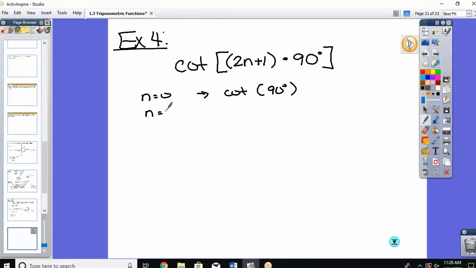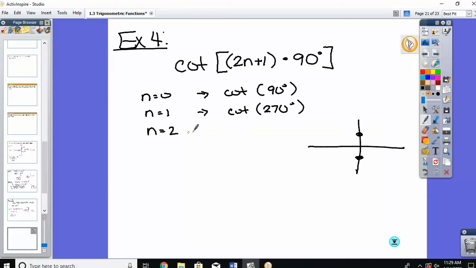If n equals 1, you get 2 plus 1, so 3 times 90 is 270. Okay, so right now I'm thinking it could be here, or it could be here.